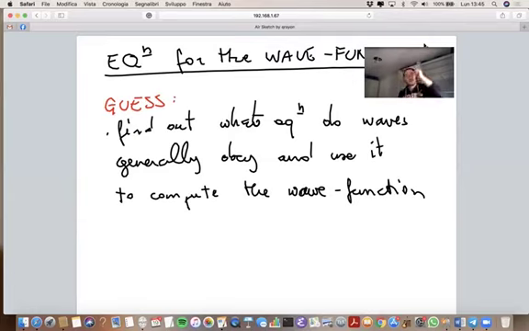Now, once we establish that the probability is computed from a function we call the wave function, and this has an interference pattern, then we look in the literature and say, what do waves do normally? And let's copy that. That's the simplest possible way, and a guess. And sorry, no, this is a guess. So fine, let's do that.